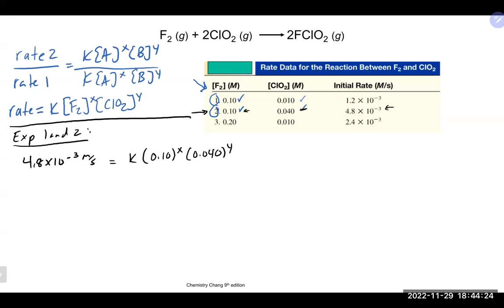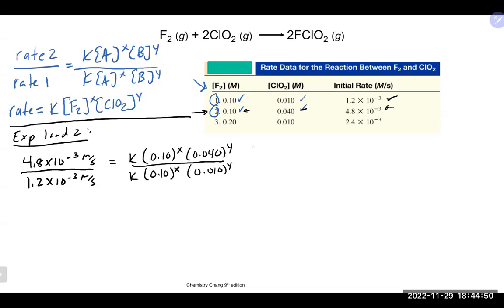I'm now going to put all the information for entry number 1 on the bottom. So on the bottom we'll have everything from number 1, where the rate is 1.2 times 10 to the minus 3 molar per second, K, 0.1 to the X, 0.01 to the Y.